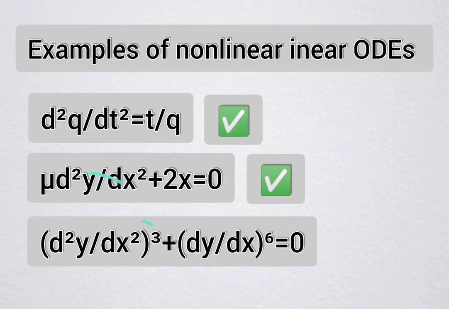The first one has a degree 3 and the second one has a degree 6. Because these two derivatives have more than 1 degree, this disqualifies this equation from being a linear ordinary differential equation, rather making it a nonlinear ordinary differential equation.